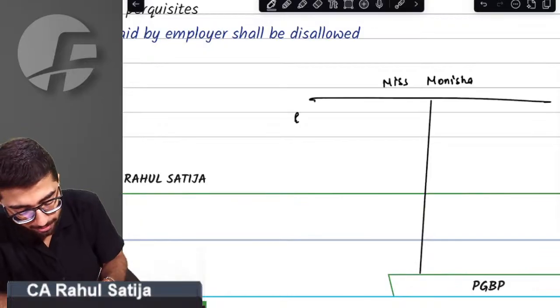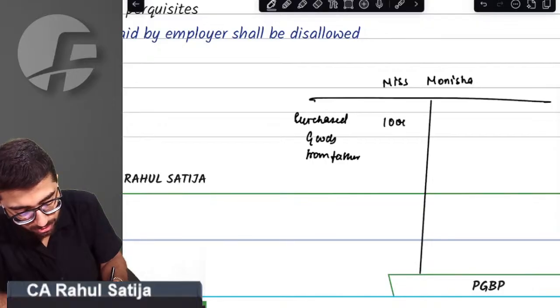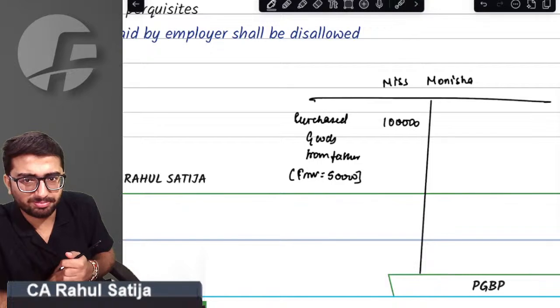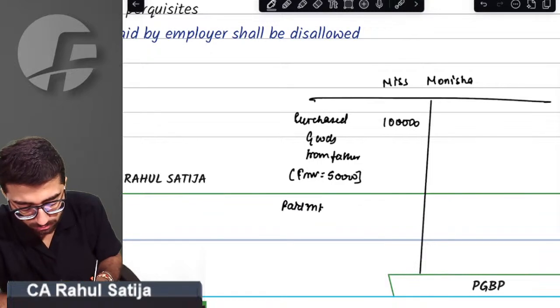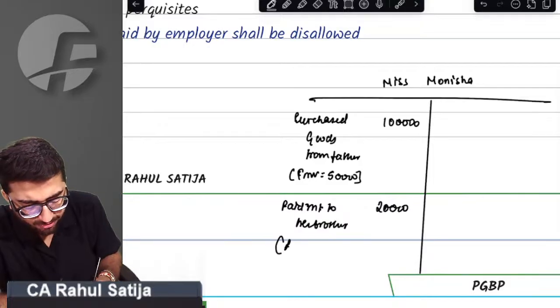Miss Monisha purchased goods from her father for 1 lakh. FMV of such goods is just 50,000. She paid interest to her brother, 20,000. FMV of such interest is 10,000.